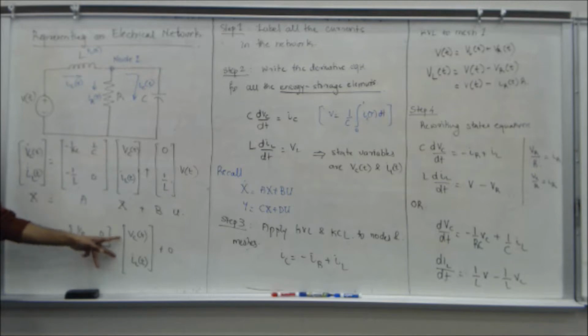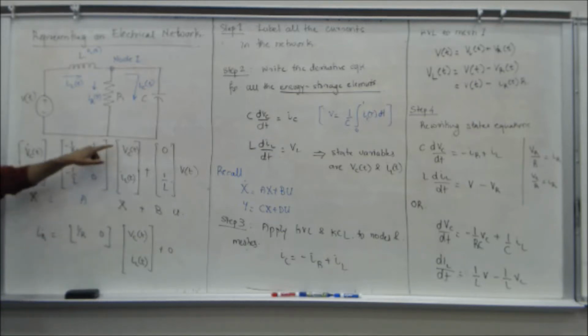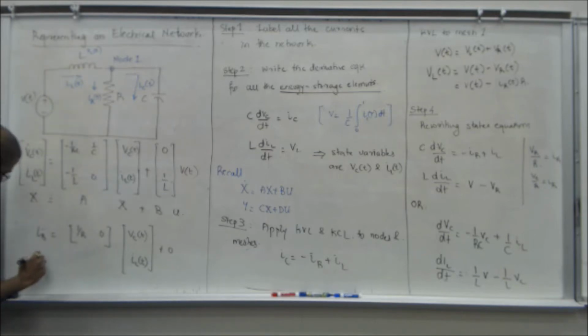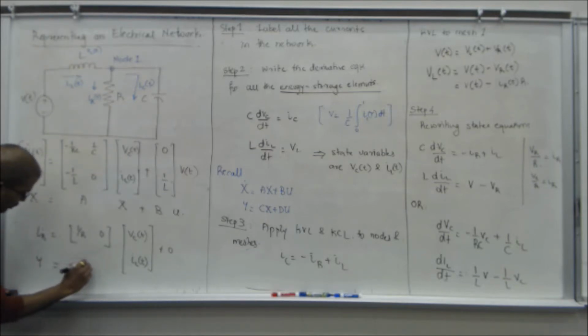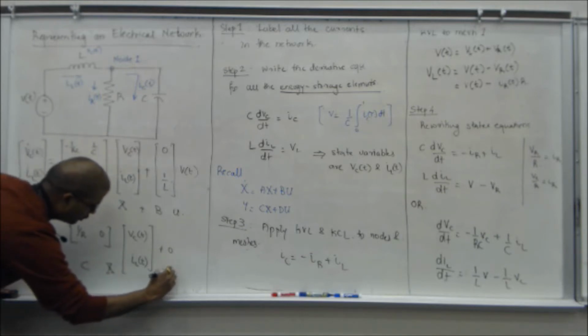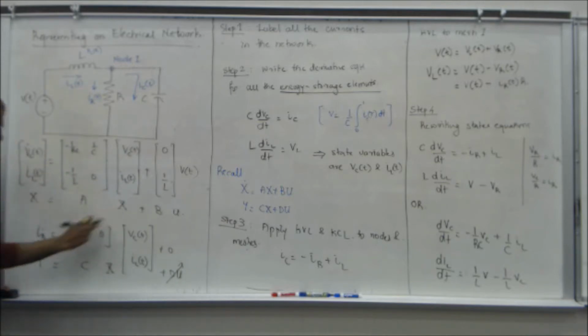These two have to be the same. If we do that way, we will end up with a derivative. We cannot have a derivative on the right hand side. So this vector has to be same in both places, right? So this is your y equal to Cx plus Du. So this is 0, but this x has to be the same as this x. So your C matrix would be just 1 over R from this.